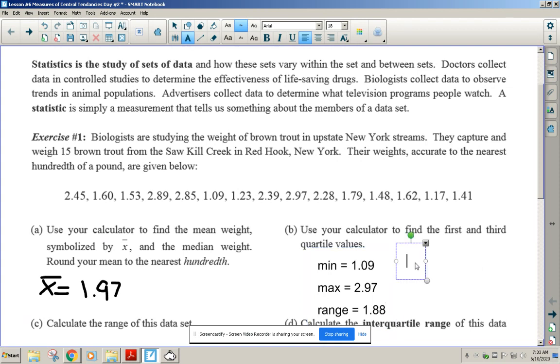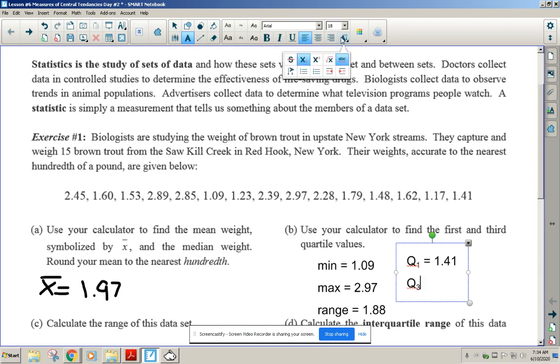Now, here they're asking us for the first and third quartiles. So, quartile 1 is 1.41. And it's kind of nice to let your calculator do all this for you. I mean, we could calculate this by hand, but it really would take a lot longer.